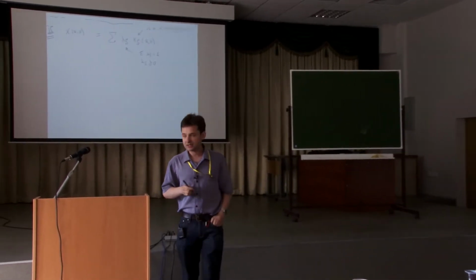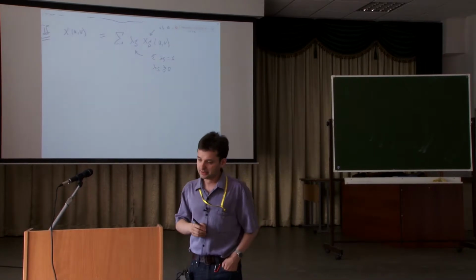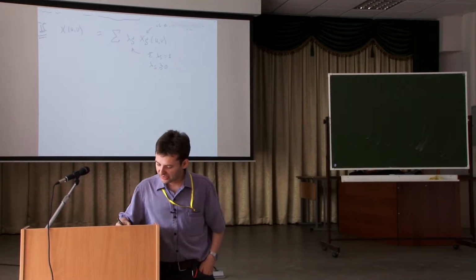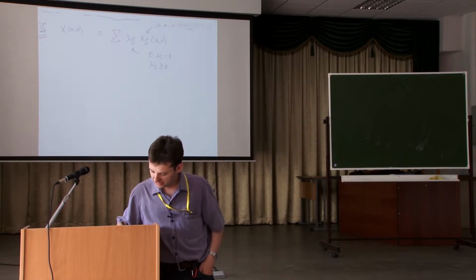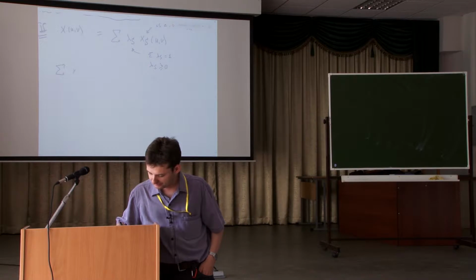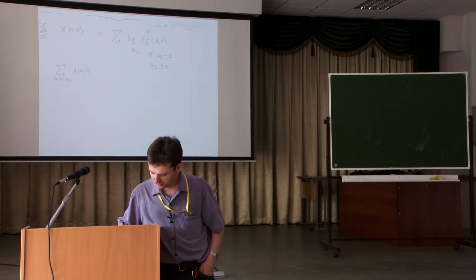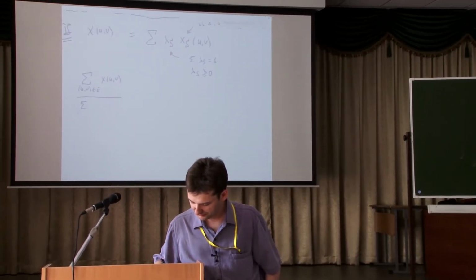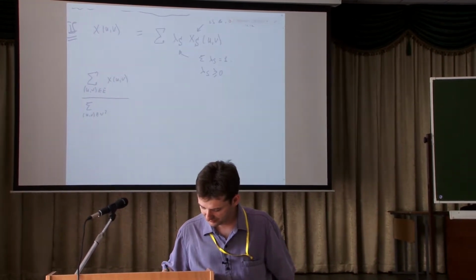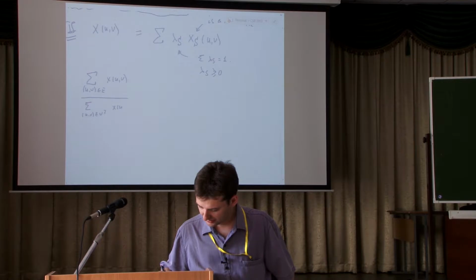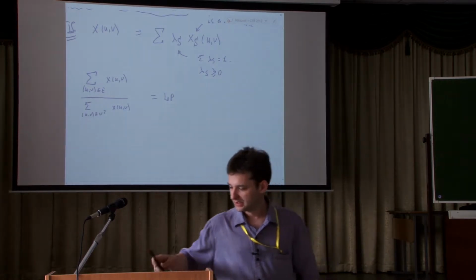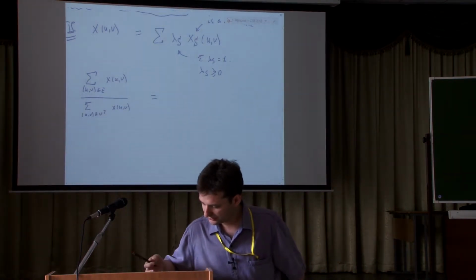In this case, if we could do something like this, what do we know? The value of this metric we are interested in is the sum of x_uv over all edges divided by the sum of x_uv over all pairs. We know that this is equal to the LP value of this metric. Let's call it alpha.